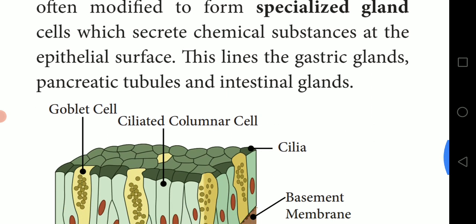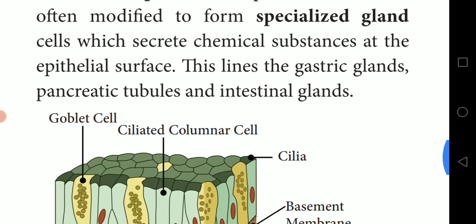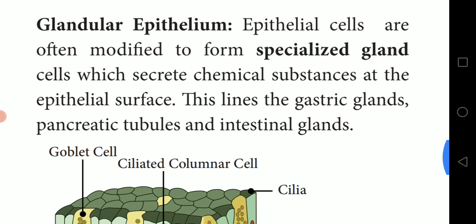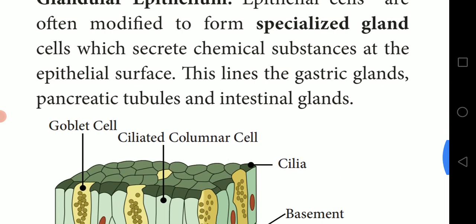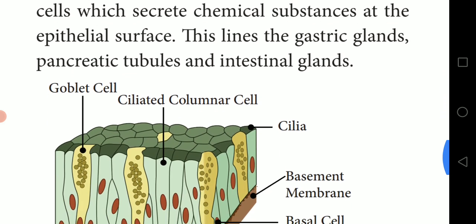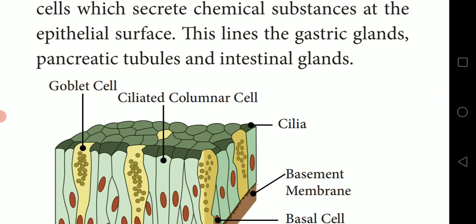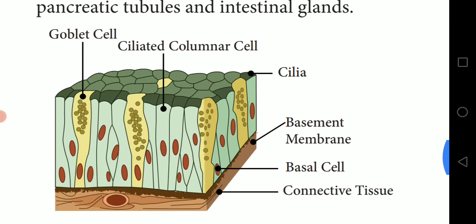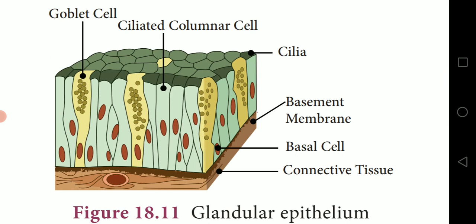What do you mean by glandular? Glandular means used for secretions. This lines the gastric glands or stomach glands, pancreatic tubules, and intestinal glands. In these organs the glandular epithelia are present.